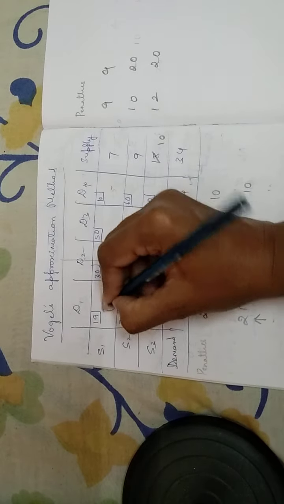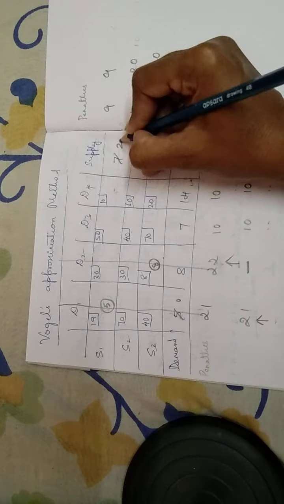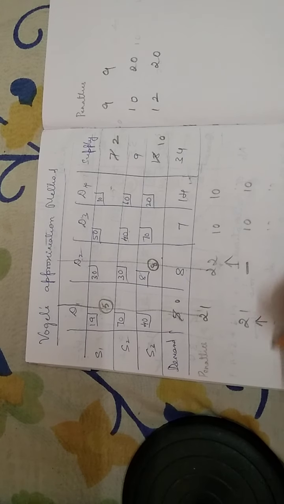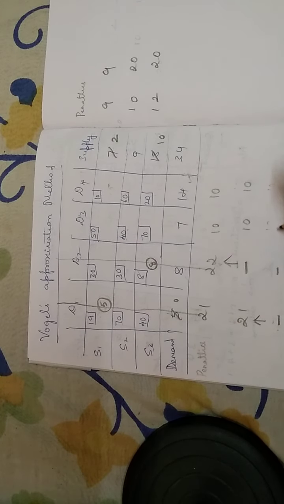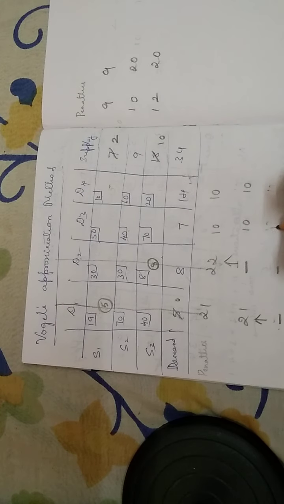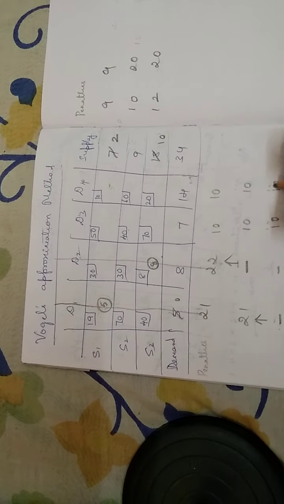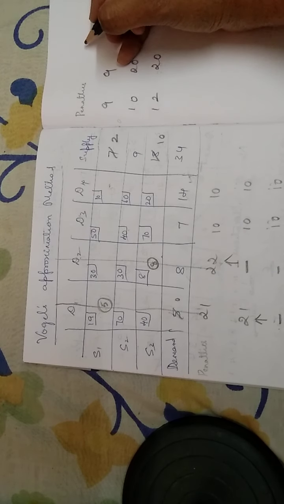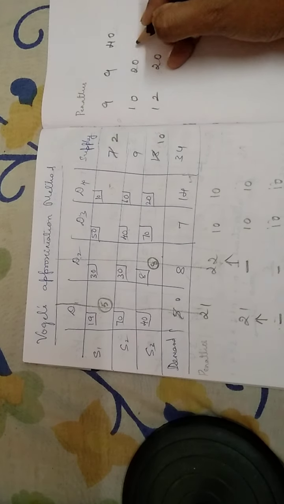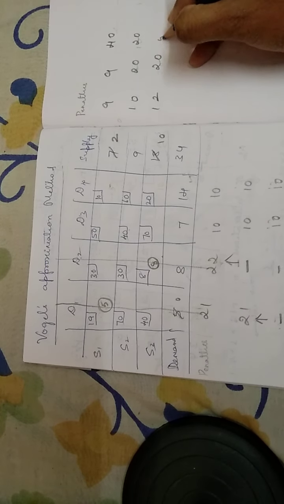If I compare the demand and the supply, 5 is the allocation I can make here. Here I'm left with 0, here I'm left with 2. Again I'll have to calculate the penalties till the final allocation is made. So it is 10 here, again 10 here. Going by the penalties for the rows, here 10 and 50 I have, 40, then 20 and 50.